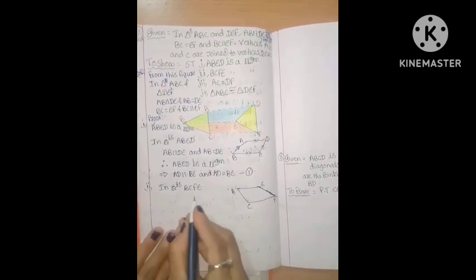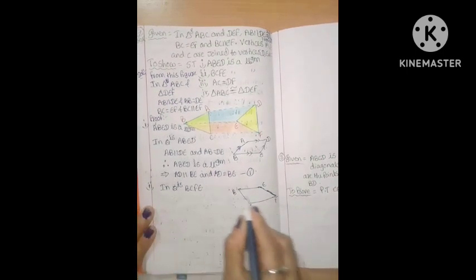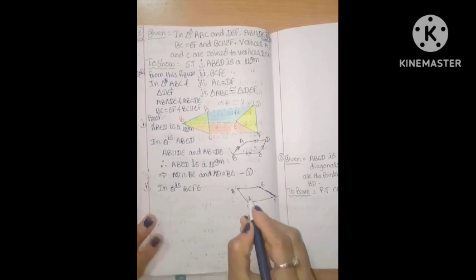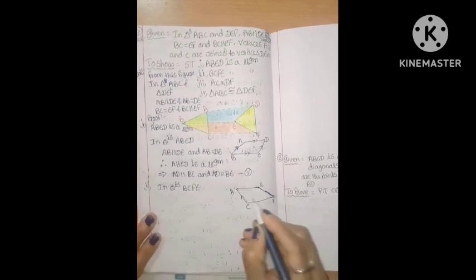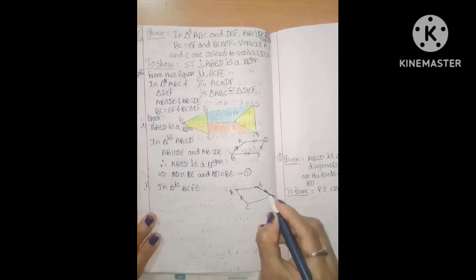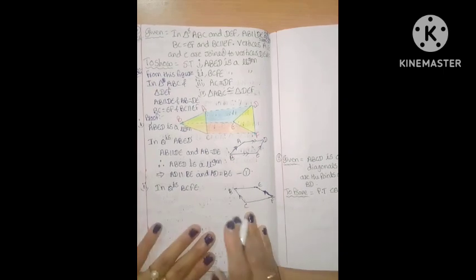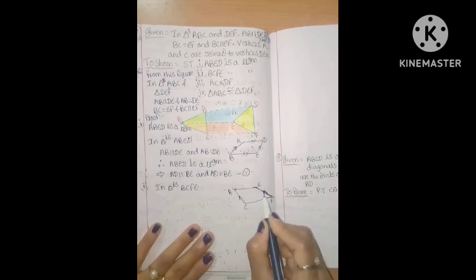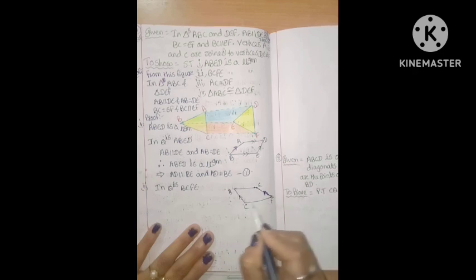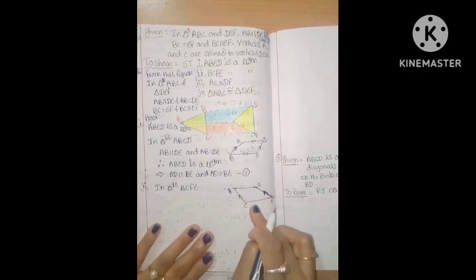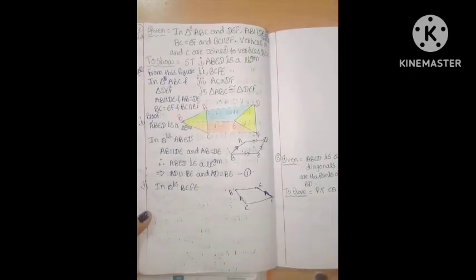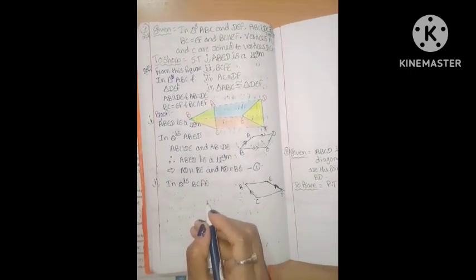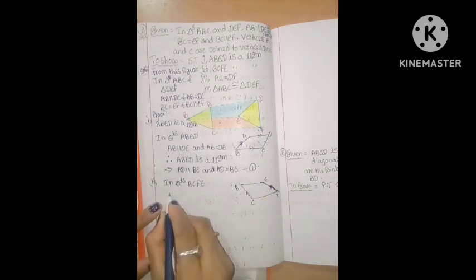Then in quadrilateral BCFE, BC is parallel to EF is given in the question. In a quadrilateral, if one pair of opposite sides is parallel or equal, then the quadrilateral is called a parallelogram. Is BCFE a parallelogram? Are you understood?